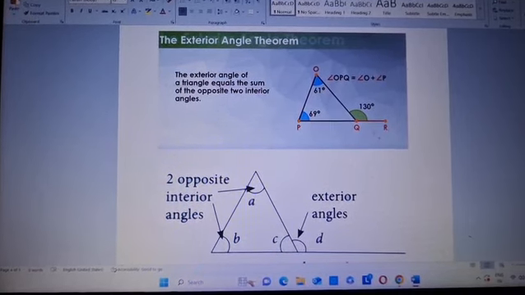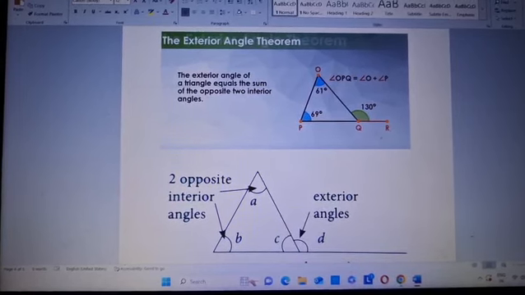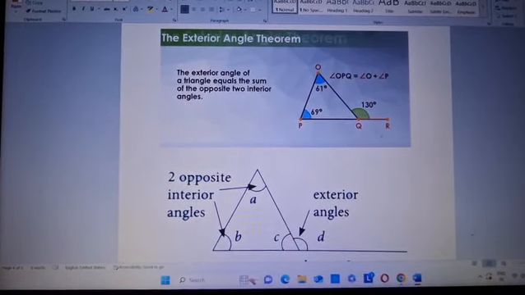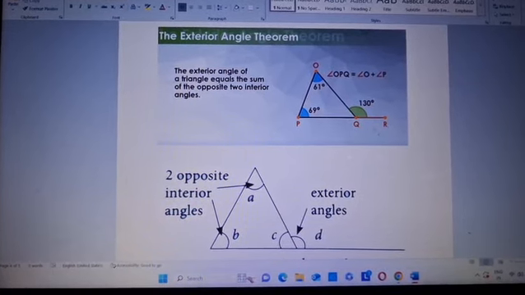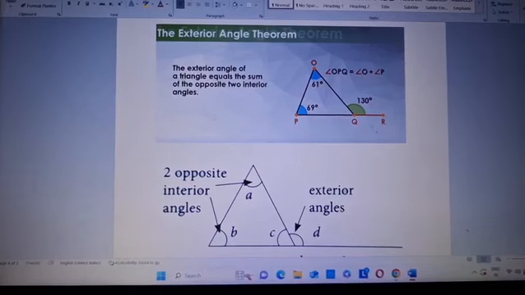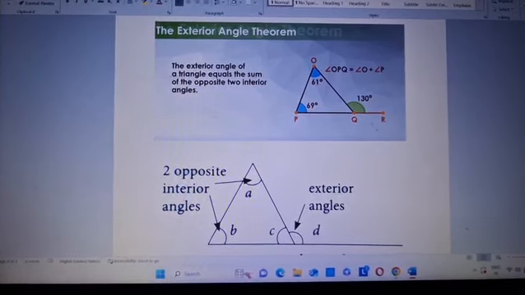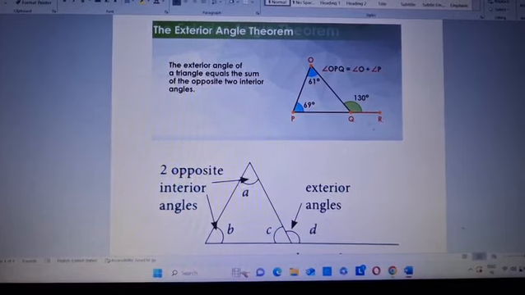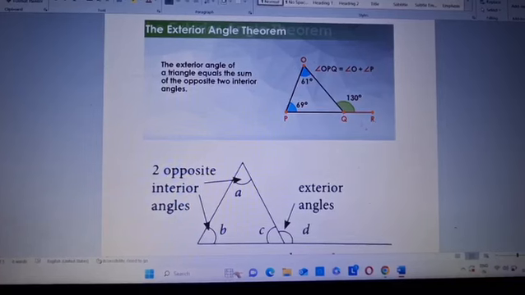So the opposite interior angles are angle POQ and angle OPQ. The measurement of POQ is 61 degrees and the measurement of OPQ is 69 degrees. So we have to add them, 61 plus 69, and the answer is 130 degrees. That will be the measurement of the exterior angle, and that is what our property says.